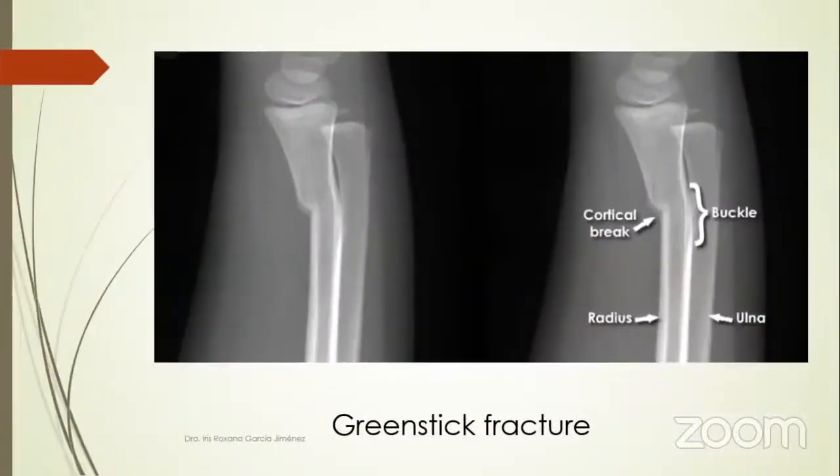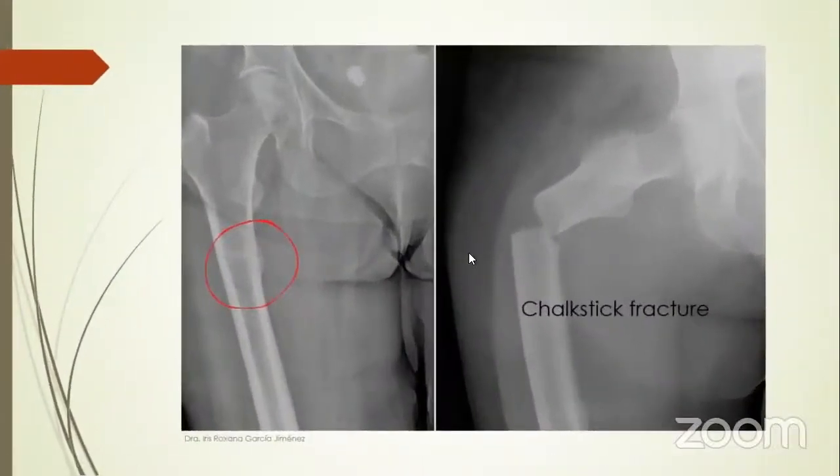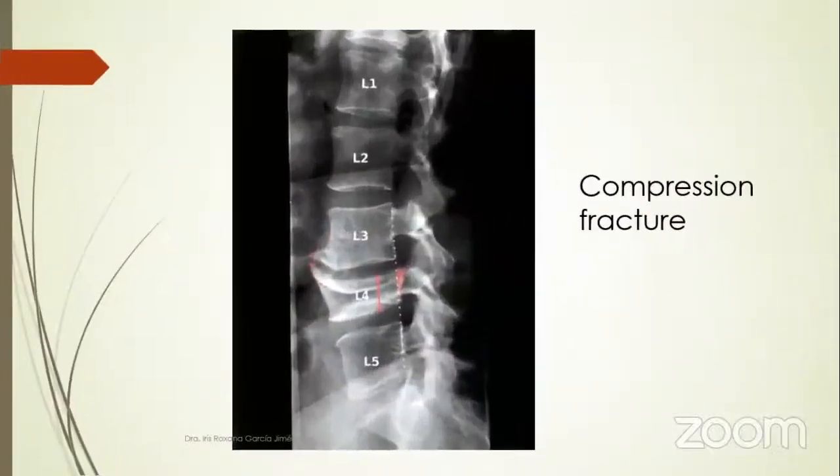Some x-rays to check, just for practicing, for showing you the greenstick fracture and how it looks, the cortical break, the buckle, and then we have the radius and the wound, right? We have the chalkstick fracture, very common in old people, in the elderly. The compression fracture, you can see how it works, how it is done, how you could see it in the X-ray.